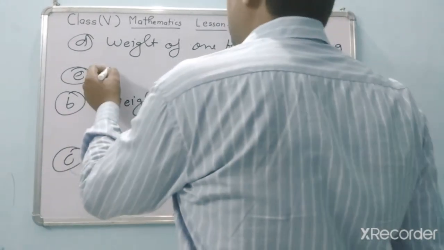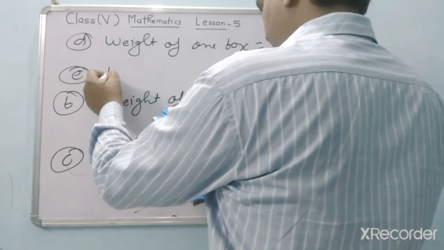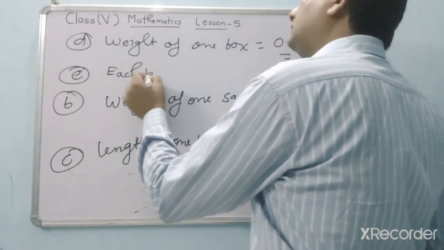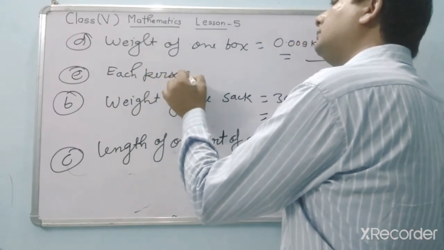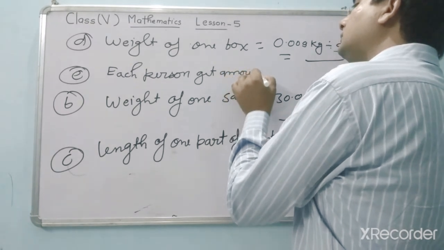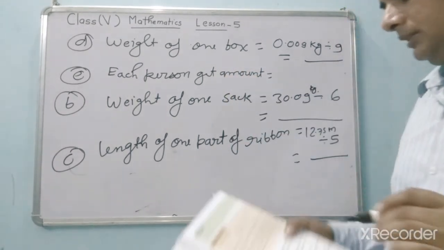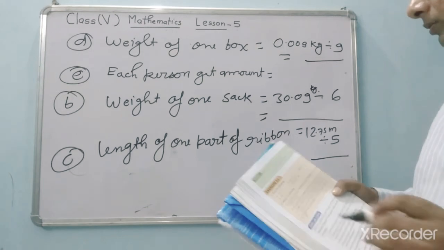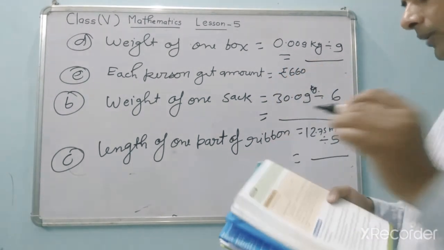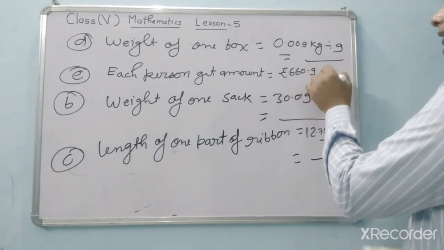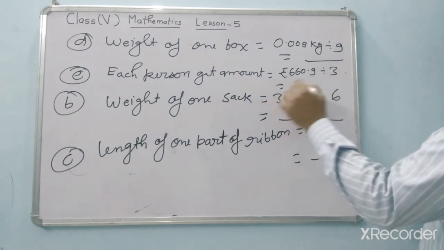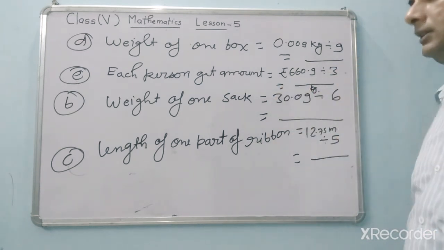So write each person gets amount equal to what? Rupees 660.9 divided by 3. What will come? That will be the answer.